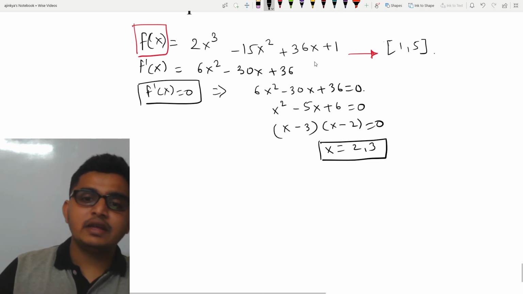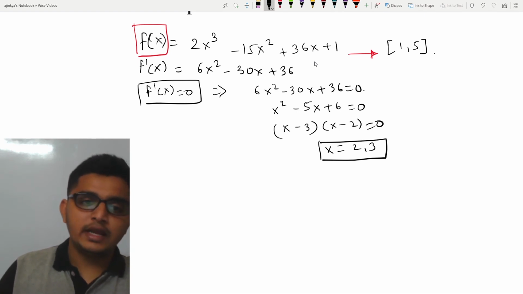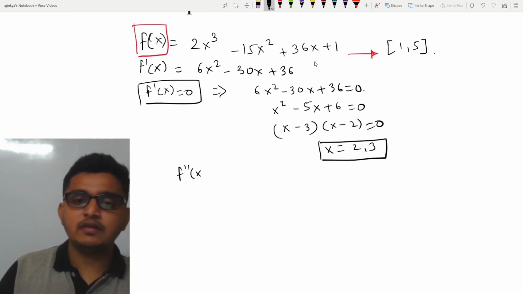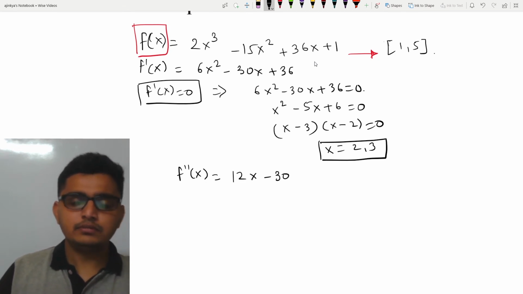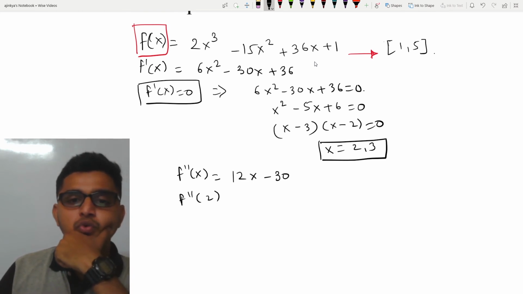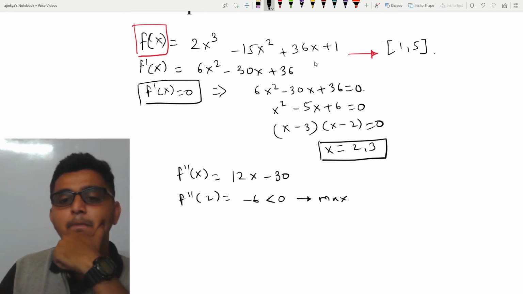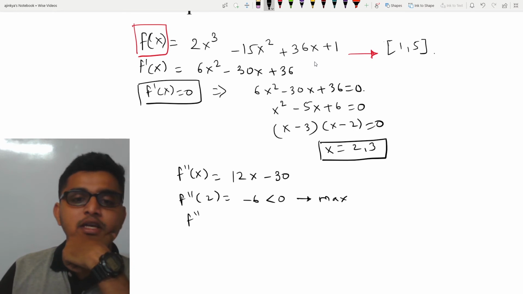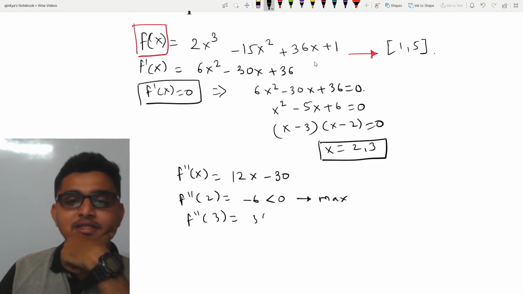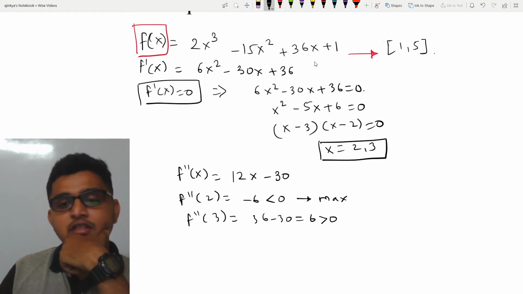By the second derivative test, f double dash of x is 12x minus 30. So f double dash of 2 is minus 6, which is less than 0, and you will immediately say that this point is a maximum. And f double dash of 3 is 36 minus 30, which is 6, greater than 0, and you will say that this point is a minimum.